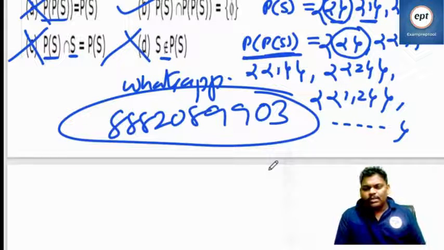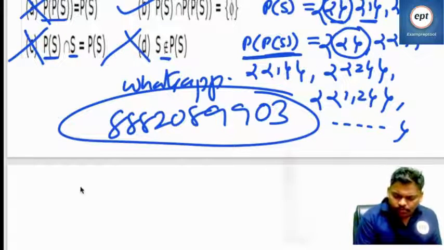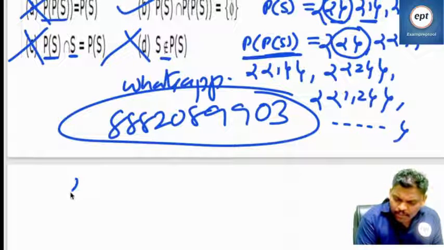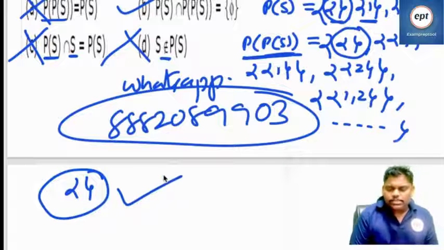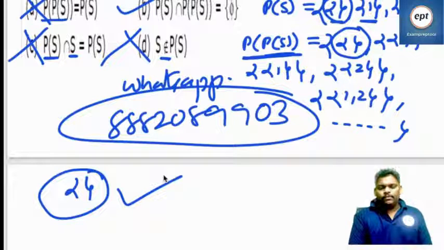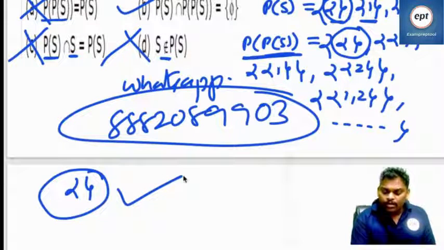In all power sets, what is the common element? In all power sets, the common element is this, the empty set. I am not saying that it is a common element in every set. I am saying in every power set it is a common element.